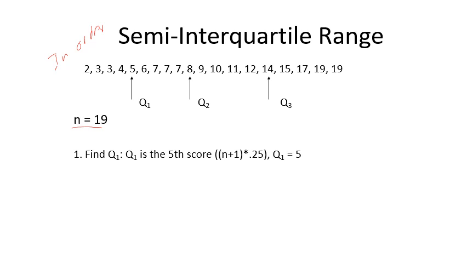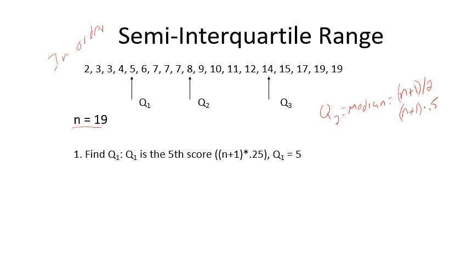So to find quartile 2, which is also the median, you take n plus 1 and divide by 2, or n plus 1 times 0.5. It's another way to do it, because the second quartile is the 50th percentile.